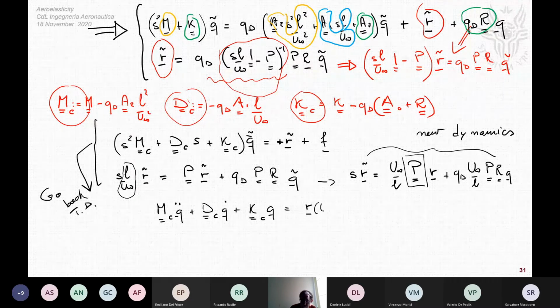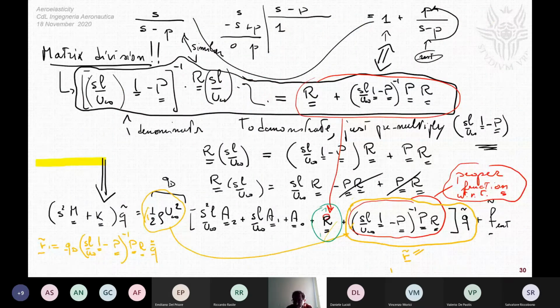Note that this vector is a function of time. This vector, we introduce this vector here, and the dimension of this vector is the same dimension as Q.